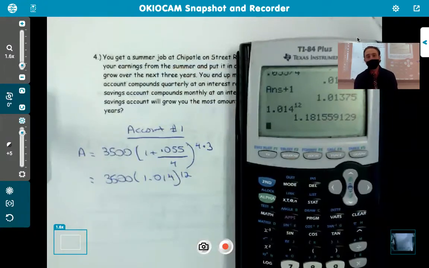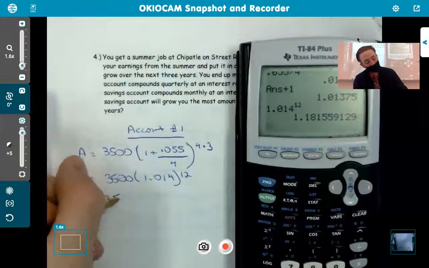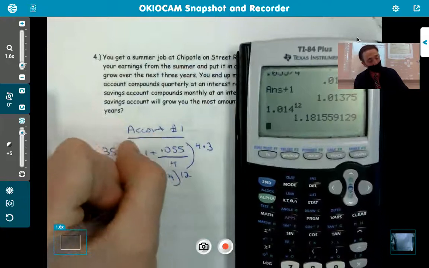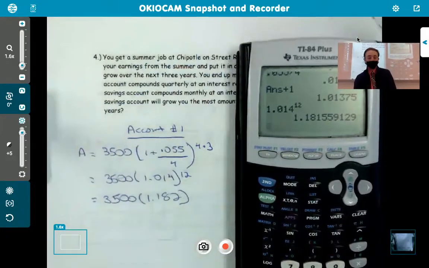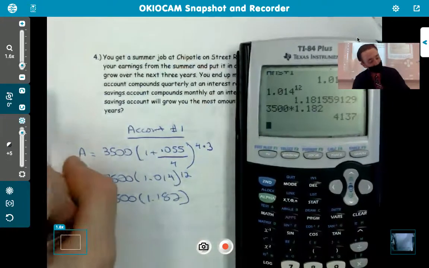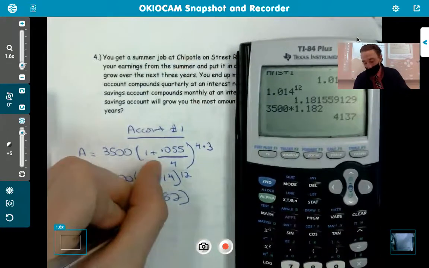So what's that rounded to the nearest thousandth? Right, so 1.182. And then when I multiply those two things together, so I have 3,500 times 1.182. This now becomes $4,137.